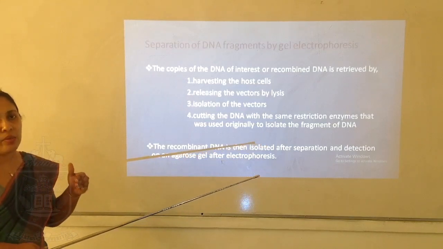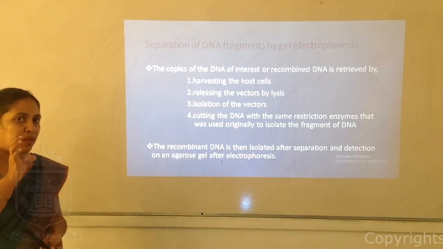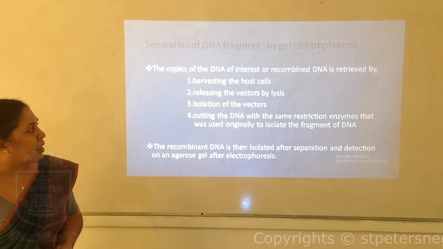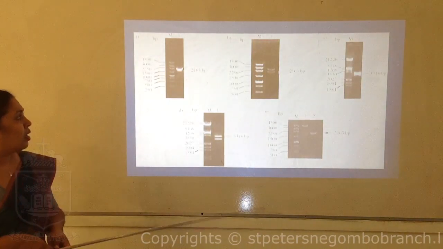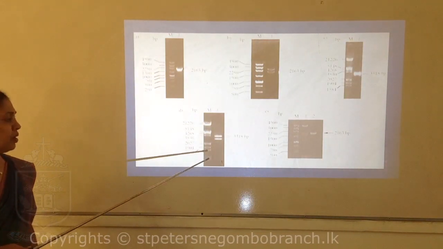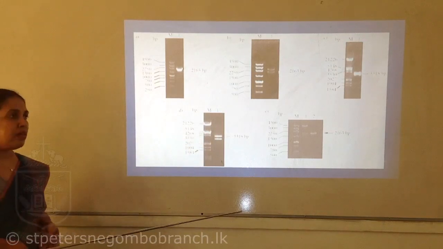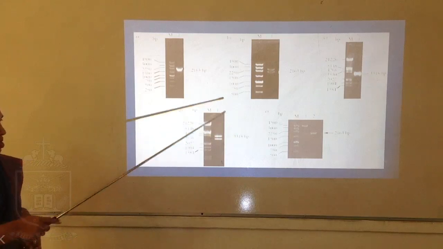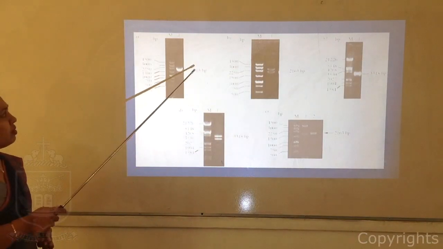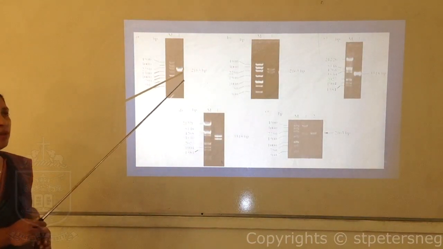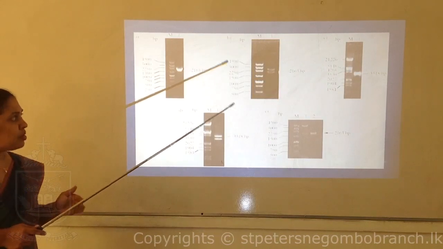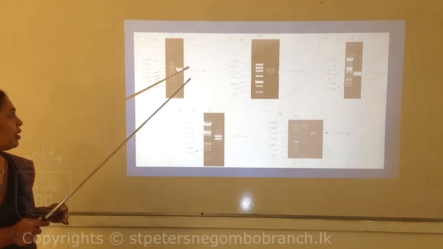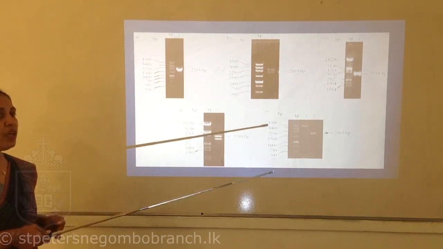In that, we have to use a marker ladder to show their size and to identify. It is the same as the technique we used to isolate DNA, but DNA molecules usually go down here, since they are small parts or fragments of DNA. It may remain in a particular place.